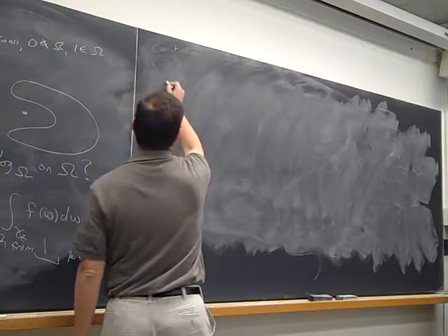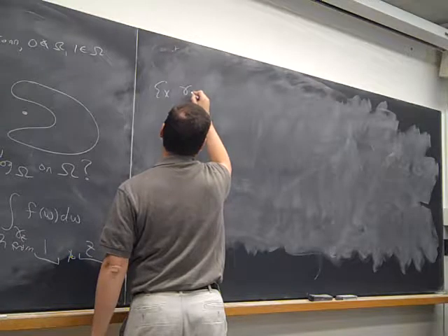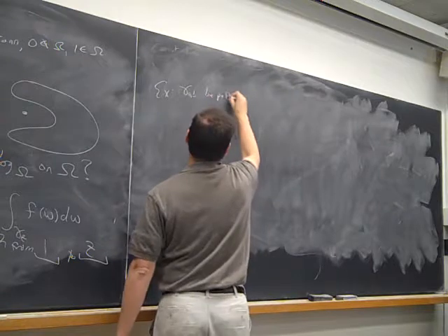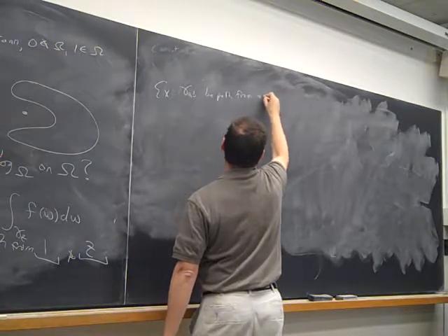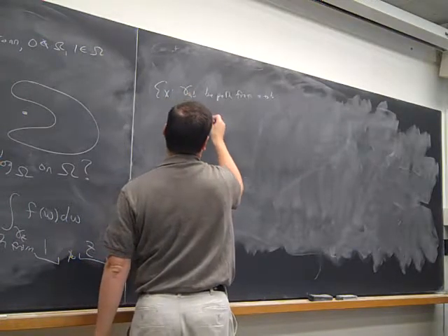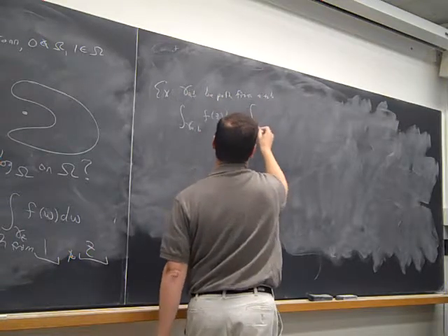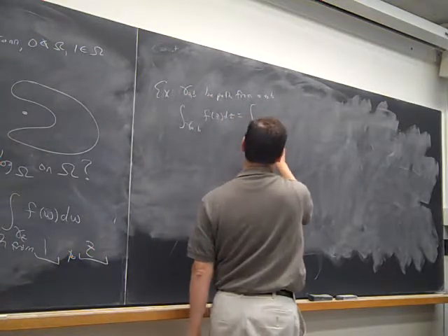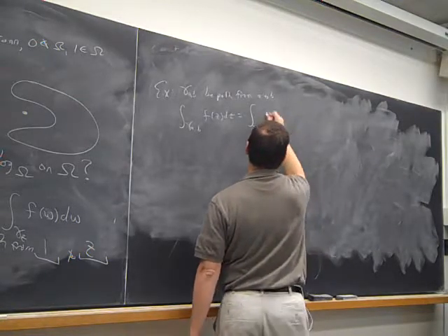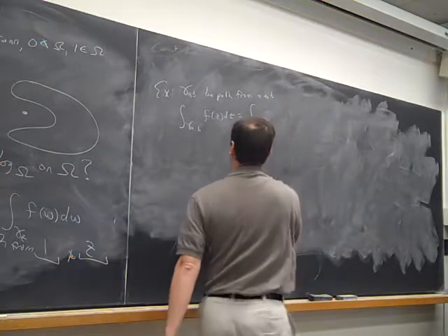So for example, let gamma AB be the path from A to B. Then the integral over gamma AB of f of z dz is the integral over gamma C to A, let me write down the points.